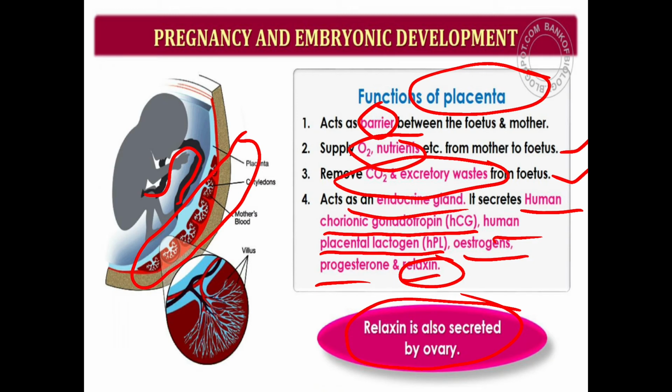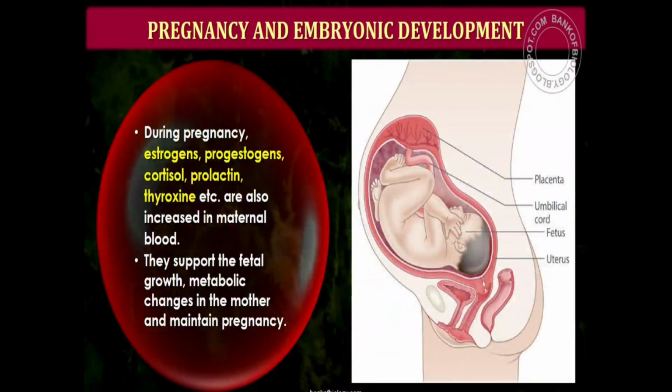Towards the fetus, oxygen and nutrients are supplied from the mother, and it also acts as an endocrine gland, which maintains the pregnancy. Along with progesterone, HCG is an important hormone produced only during pregnancy. So this is the function. They may ask it for 2 marks or 3 marks, an important question.